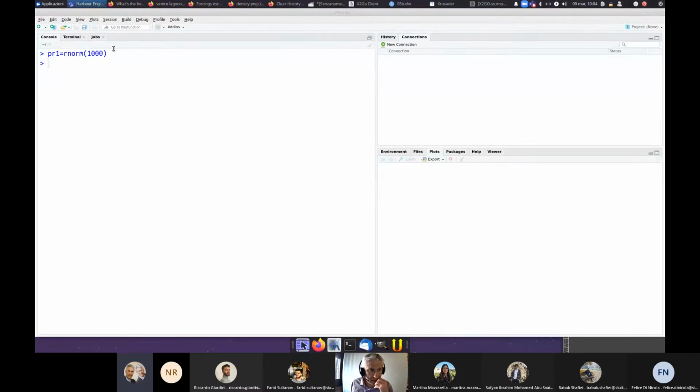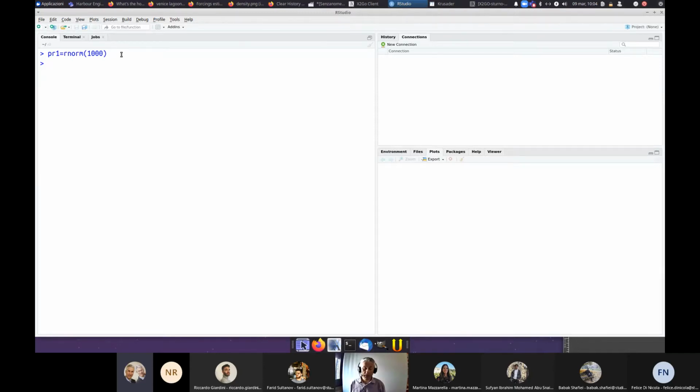Perfect. So you see the instruction that I used: PR1 equal rnorm 1000. And you may wonder, what is this function rnorm? It's a function to simulate, as I said, random numbers. Actually, this function generates random numbers that follow the normal distribution. But you could use any other generator.